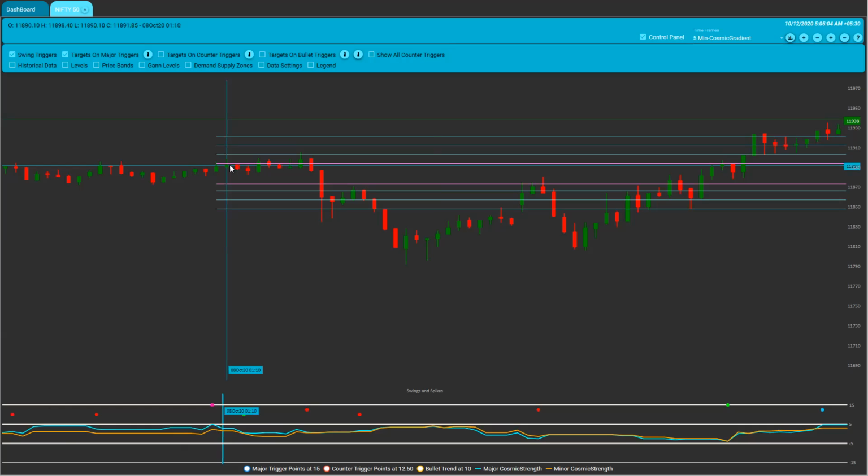Price at this level. Here, this level was broken. Price again came back to this level and finally came down.